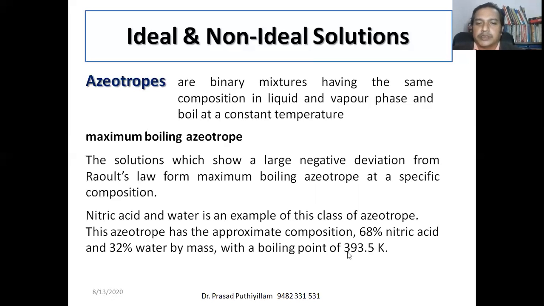They boil together at the same temperature, 393.5 Kelvin, and become gaseous. On condensing, it becomes a liquid and remains in the mixed state. So this is the explanation for azeotropes.